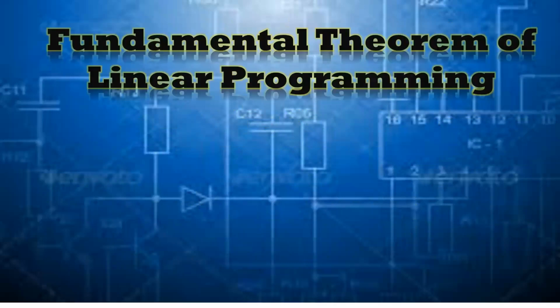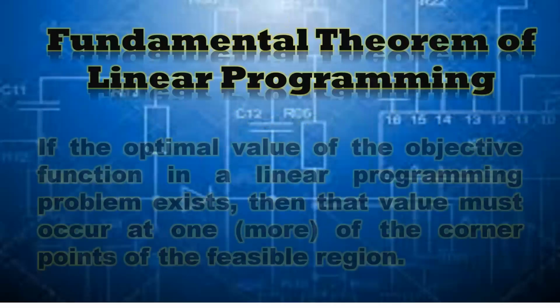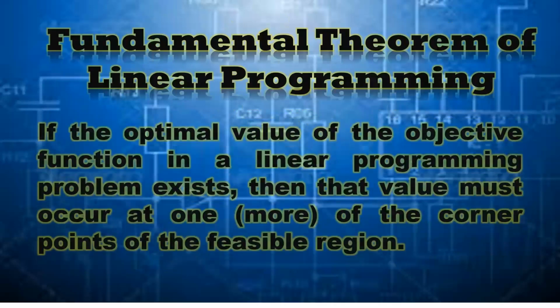We have this fundamental theorem of linear programming. It says that if the optimal value of the objective function in a linear programming problem exists, then that value must occur at one or more of the corner points of the feasible region.